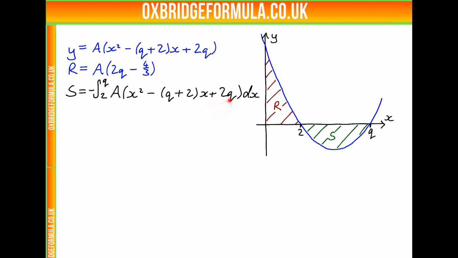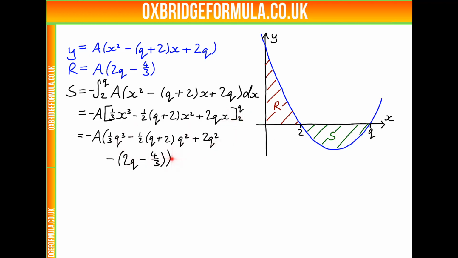So this is the area of region S, and we now need to integrate this function in order to find it. Again, everything's a polynomial here, so we can integrate it, which gives us this form. Now if we plug in x equals q and subtract away x equals 2, because those are our 2 boundary points, we are left with these 2 expressions.